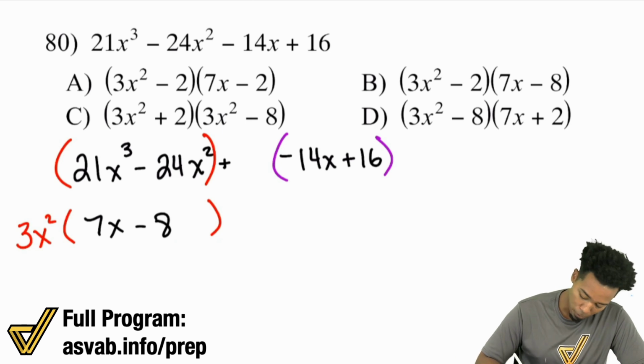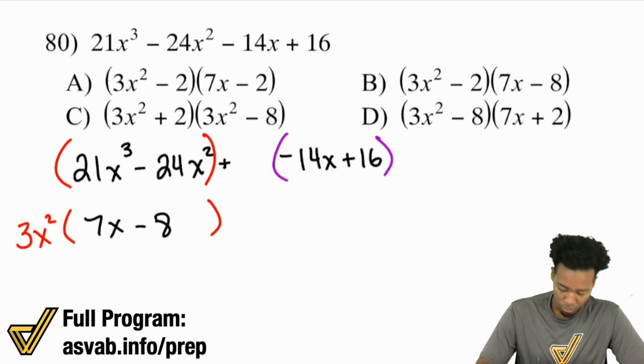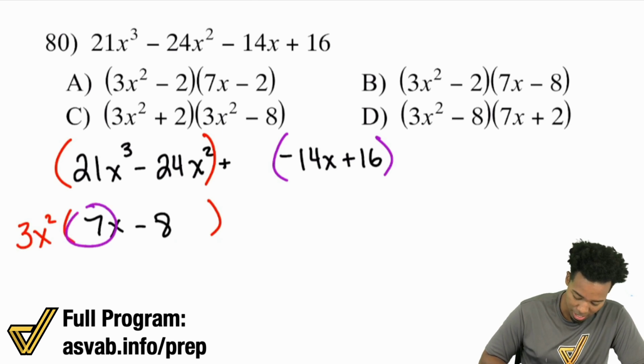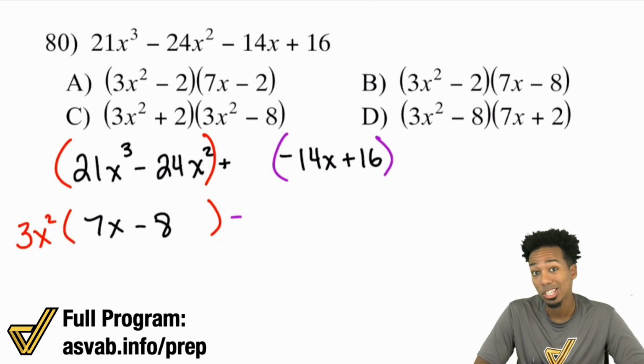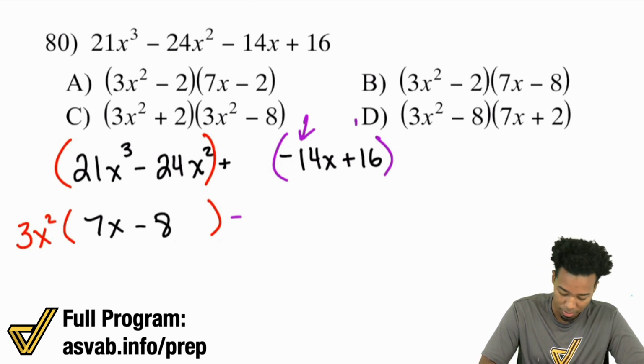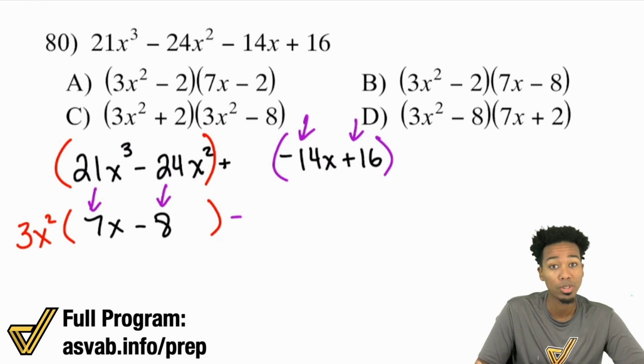Up next, over here in purple, this is going to be the more difficult one, but still fairly straightforward. Notice how we have a positive 7x here, right? There's a negative in front of there, so I'm going to pull out that negative so I can change the sign on what's on the inside to positive, then negative. Just really want you to notice that in terms of what we're going to do and why we do it.